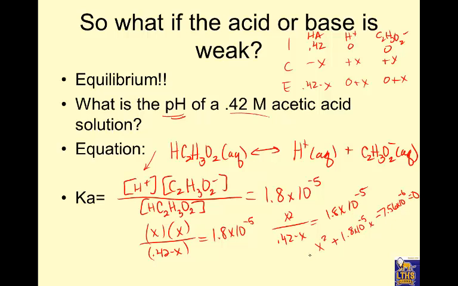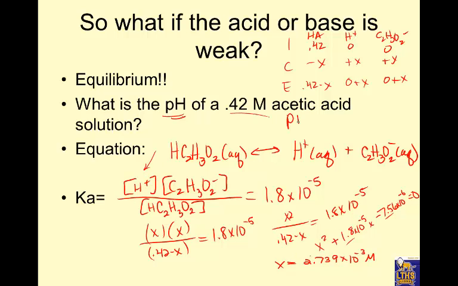Solve the quadratic formula, A, B, C. And when you're done with that, you find out that X equals 2.739 times 10 to the negative 3rd. Okay, and that's molar, but that X represents the H plus.